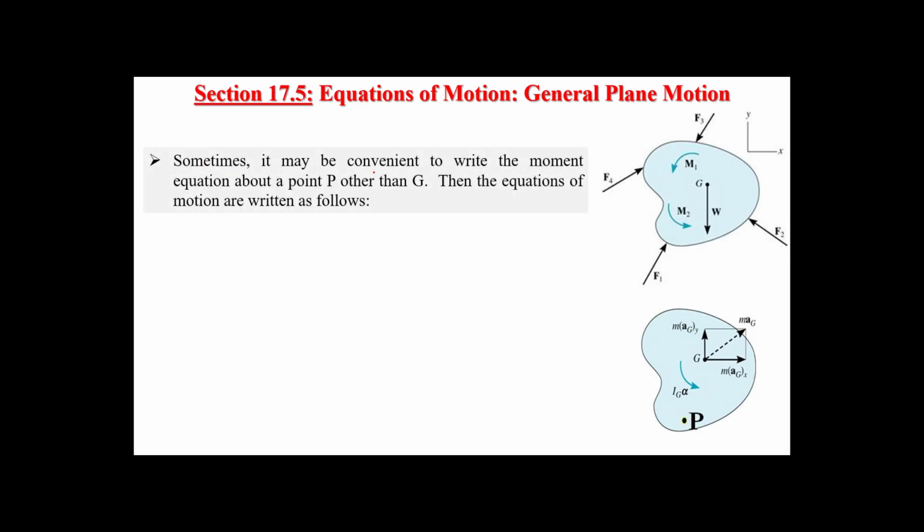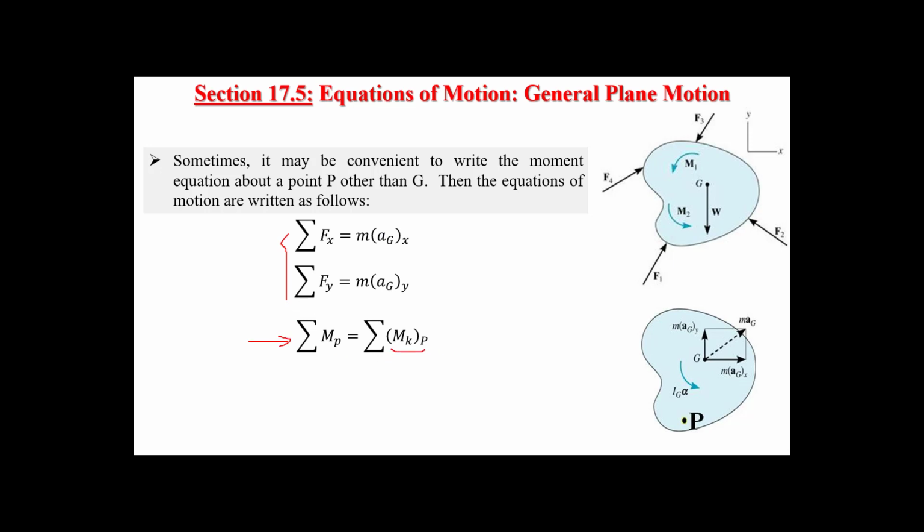Sometimes it may be convenient to write the moment equation about a point B other than G. Then the equations of motion are written as follows. So you can easily tell that these two equations remain as is, and the only change happens in this equation, especially in this term.